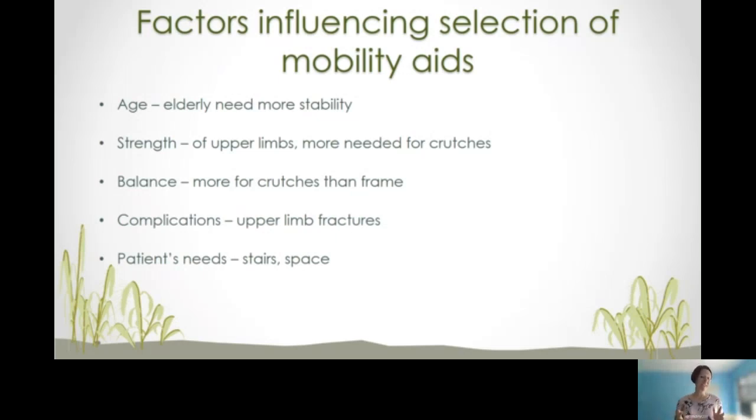If you want to climb stairs and you've issued a walking frame to your patient, they will need to hold onto the rail and have another supporting person on the opposite side of the rail to help them up the stairs. Crutches are way easier to climb stairs with, up and down.